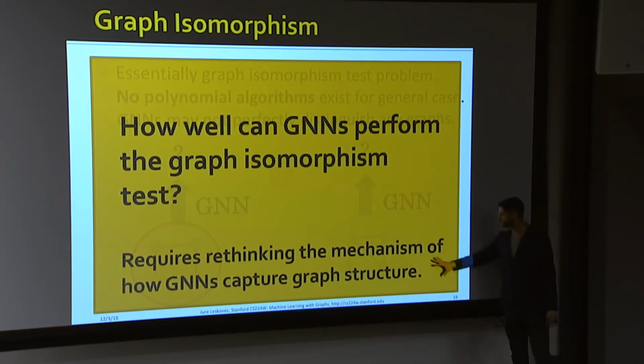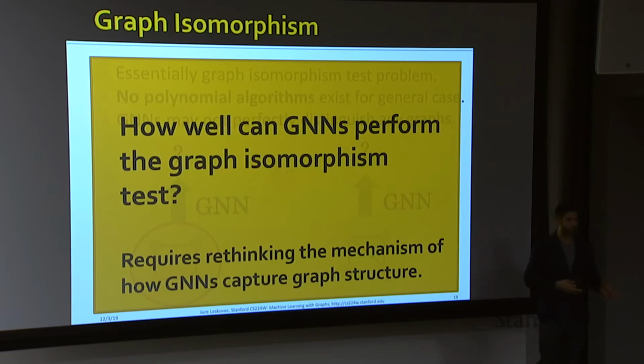As I said, this will require rethinking a bit the mechanism in which the GNN captures the graph structure, okay? So contrary to what we've seen in GCNs or in GraphSage, we're going to change some strategies in the aggregation to make sure that we can also capture the difference in the topology of a graph.